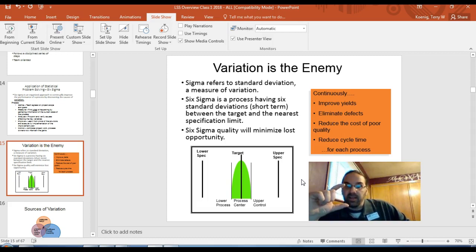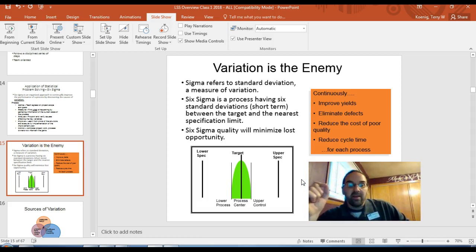So between the target, 2 centimeters, and the upper spec, 2.6 centimeters, you would have 6 standard deviations: 2.1, 2.2, 2.3, 2.4, 2.5, 2.6. Okay? You'd have 6 standard deviations. Your standard deviation being only 0.1 centimeters.